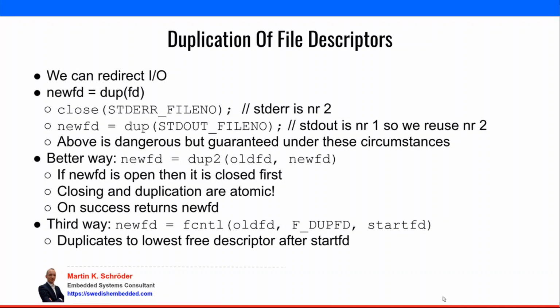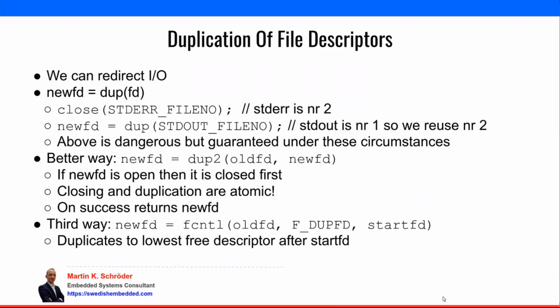Closing and duplication are atomic in this case. On success, we get the new descriptor returned by the dup2 function, so we can just use that new descriptor for reading and writing. There's also a third way of doing it, using the fcntl function, where we call it with the old descriptor, specify F_DUPFD, and then specify a starting point for the new descriptor.